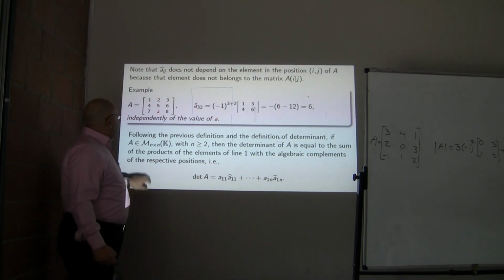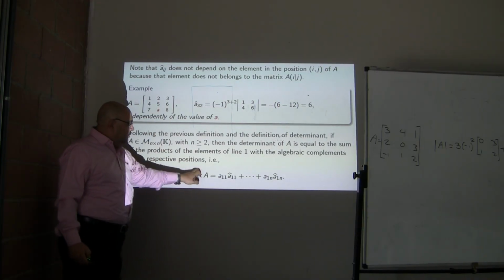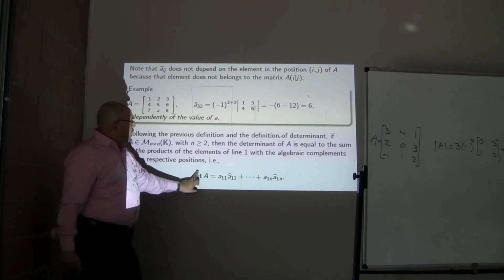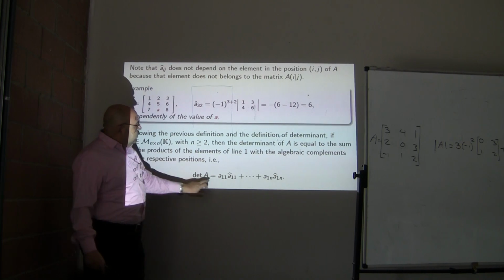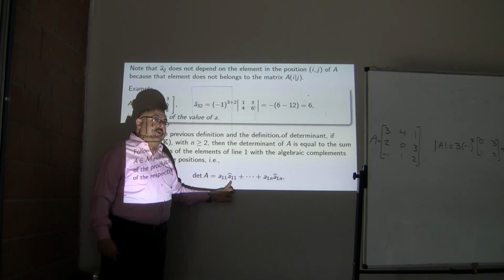Following the previous definition, he defines how I can get the determinant. Note that the determinant of A of this matrix is equal to element A11 times the algebraic complement of A11.